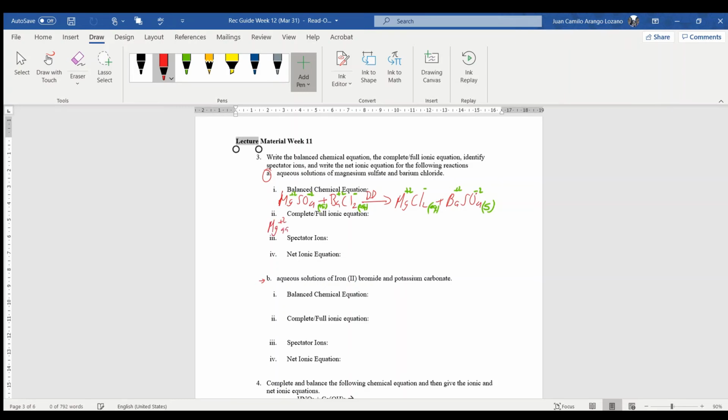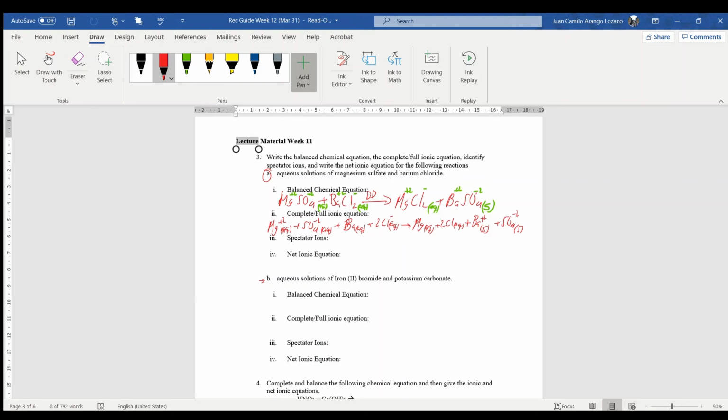So this is going to be magnesium in aqueous state plus sulfate in an aqueous state as well, plus barium in an aqueous state plus 2 times chlorine in an aqueous state, passing to form magnesium in an aqueous state, 2 chlorines in aqueous state, and now here comes the relevant part, because remember that barium is going to be solid and sulfate is going to be solid as well.